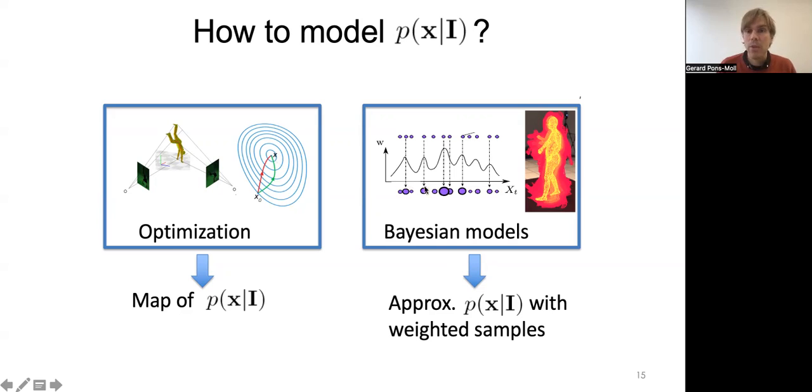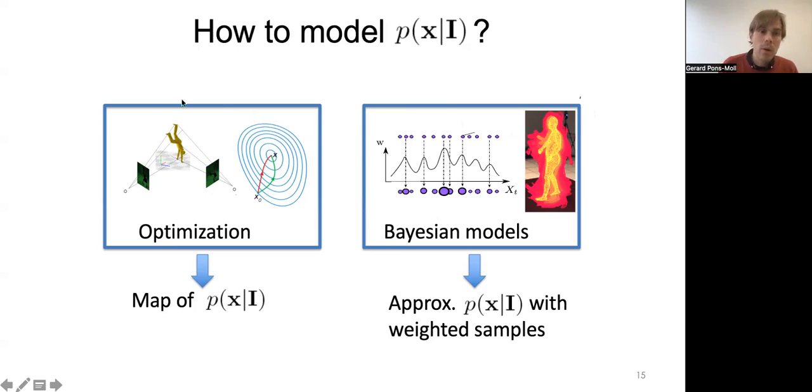So you have a bunch of hypotheses for the parameters X, and every hypothesis is weighted by a number that determines how likely this pose is. Nowadays, almost nobody uses this approach because for high dimensional spaces, you need a lot of samples and this is not very efficient. Although maybe these models could be revisited now with the power of GPUs and so on.